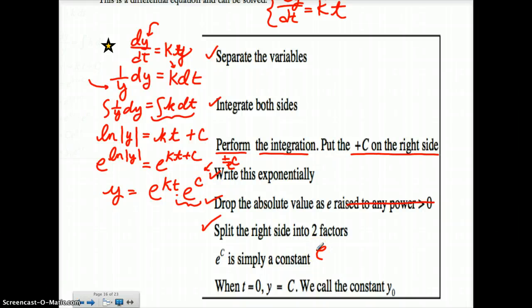Sometimes on the side on the AP they'll go like this, where they'll introduce a new constant, maybe a, and they'll say it's plus or minus e to the c. But it's really not important in the grand scheme of the problem. So this is just some other constant which we've been calling large c. So what I've got here is y is equal to c e to the kt.